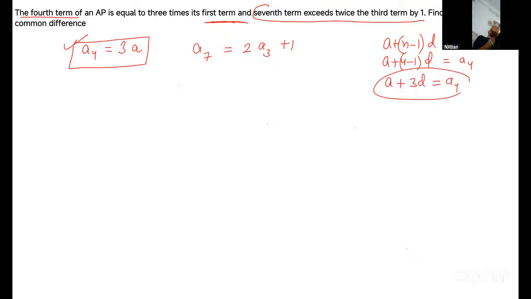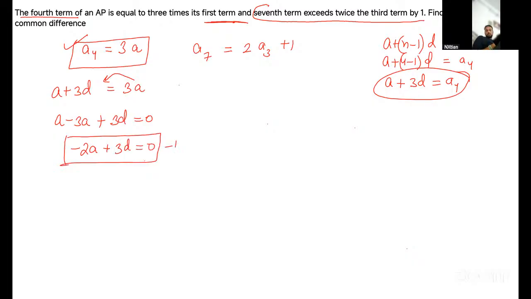So I put the value: A plus 3D is equals to 3A. This goes to that side, so it becomes A minus 3A plus 3D is equals to 0. It becomes minus 2A plus 3D is equals to 0. This is the first equation I got. Understood, everyone, guys? What I did here?